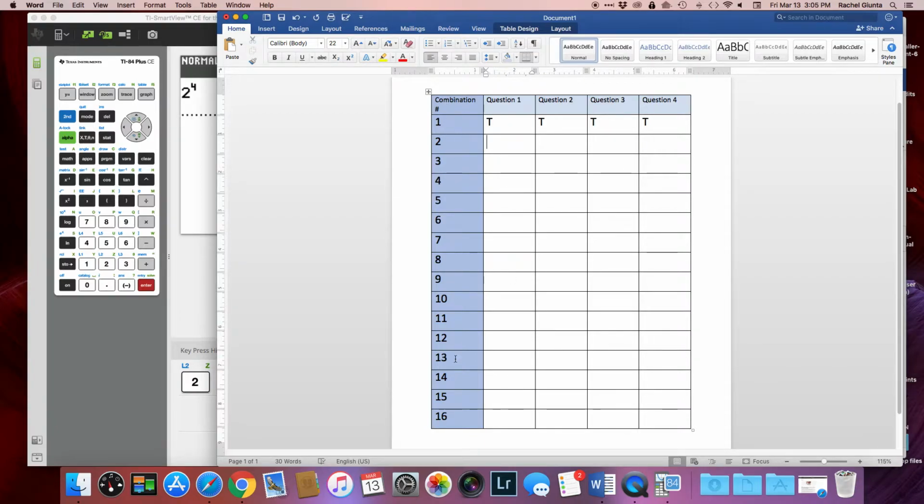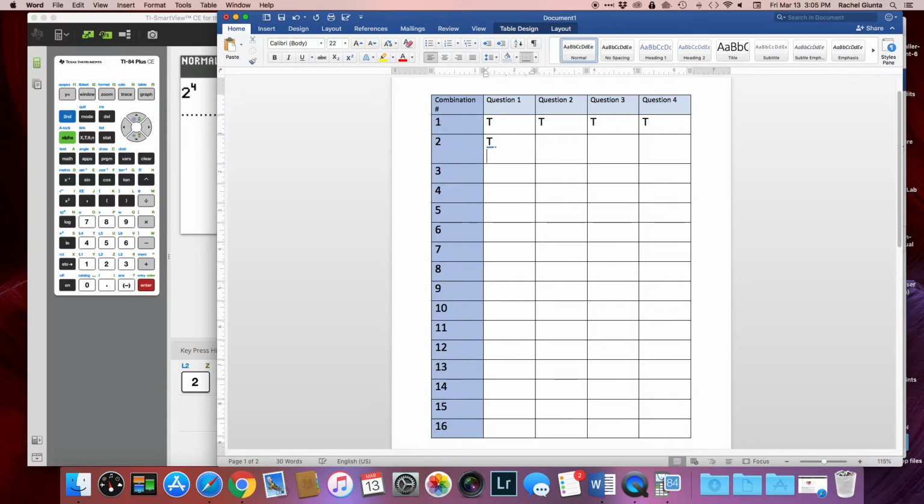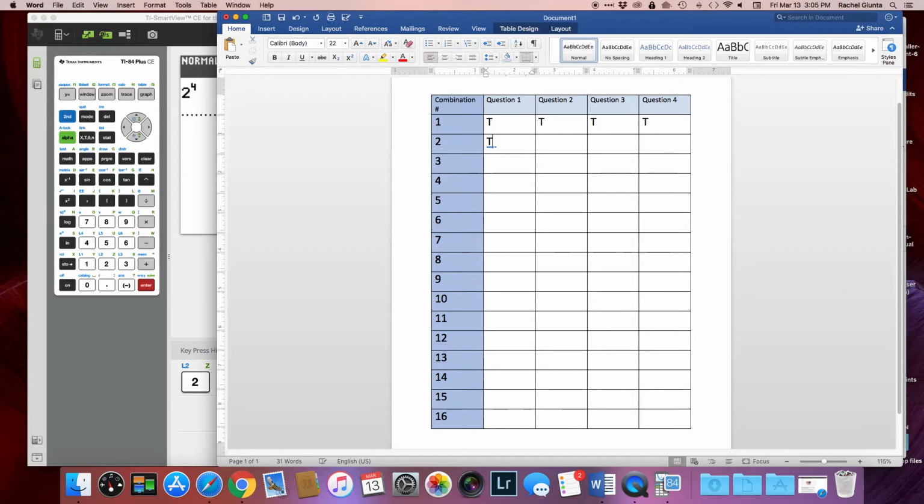So whatever you got for the total number of combinations, in this case 16, divide that by 2 and fill in all of your answers with that, up through number 8, and then switch over to false.